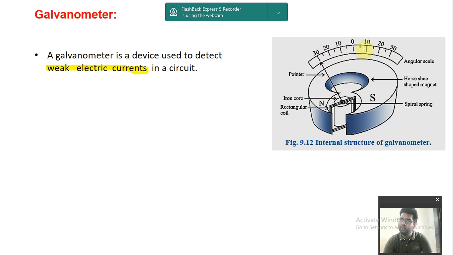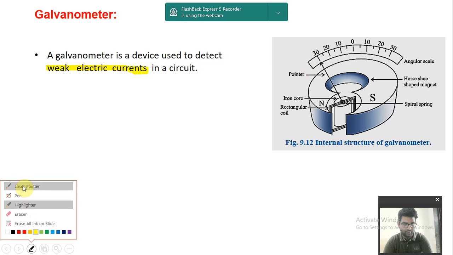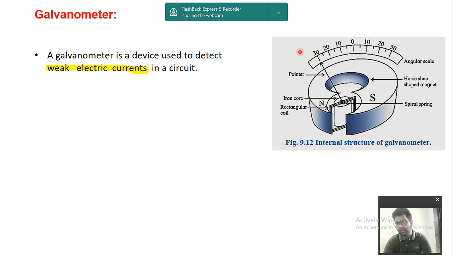It will move to the left, that is anti-clockwise, till 30 if the current in the circuit is anti-clockwise, and it will move clockwise till 30 if the current in the circuit is in the clockwise direction. Now suppose it has reached 30 and I am increasing the current, then beyond 30 it can't go. So 30 is the maximum limit till which the galvanometer can measure the current.